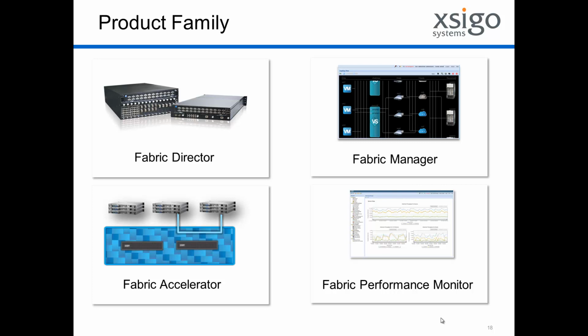And in fact, 90% of Xsigo customers today use fiber channel and Ethernet together within a single converged fabric successfully, and in every case they find that they get as good or better performance with fiber channel over the Xsigo environment as they got with their standard fiber channel gear. And in fact, it is standard fiber channel silicon. What we're presenting to the outside world is standard QLogic silicon.